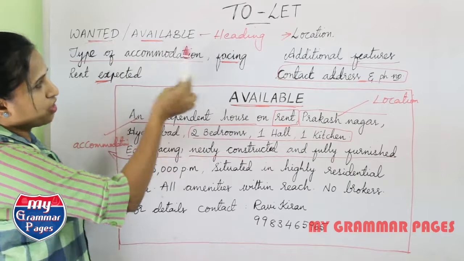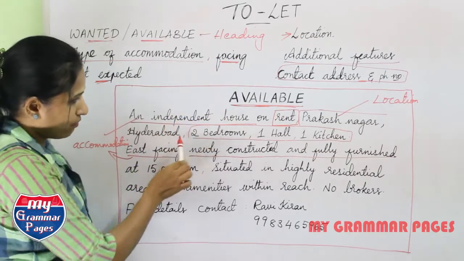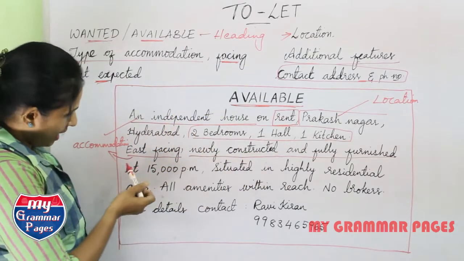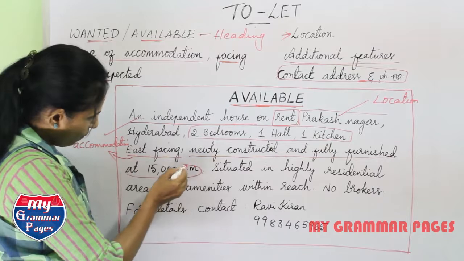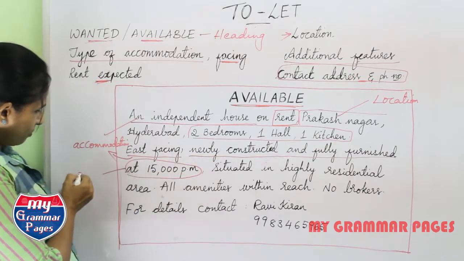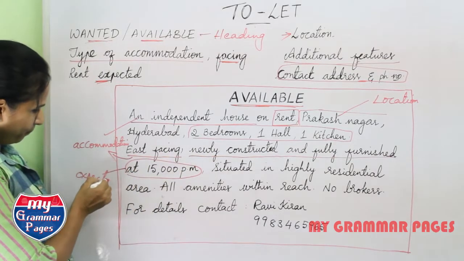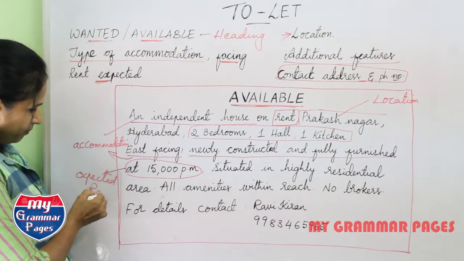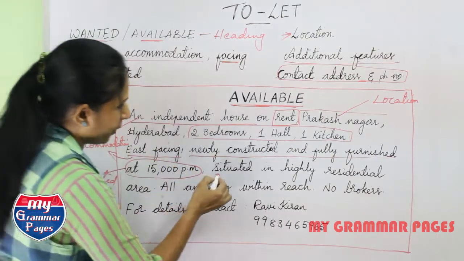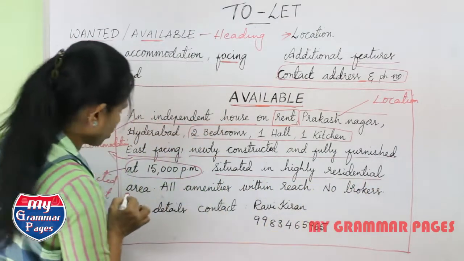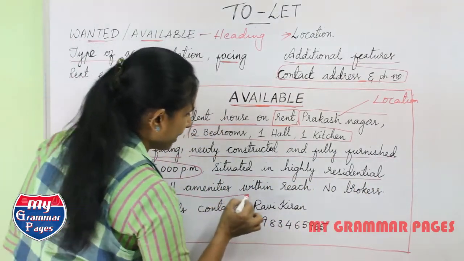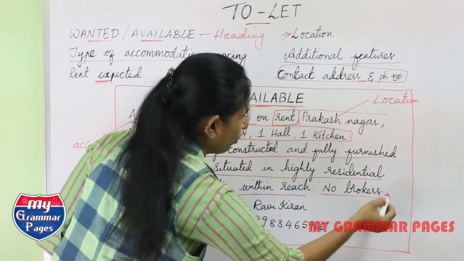Under features of accommodation, we have taken even the facing, and we have covered all in that one. And here I have mentioned the rent per month. This becomes the expected rent, and situated in a highly residential area, all amenities within reach, no brokers.